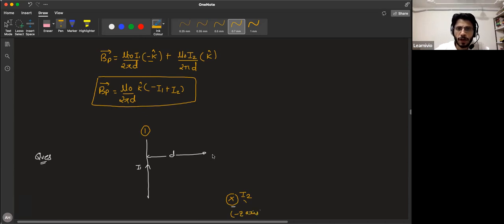And you are supposed to calculate magnetic field over this point. Let's say you wish to calculate magnetic field here. For both the conductors, the separation is 2. Again, cross means inwards.